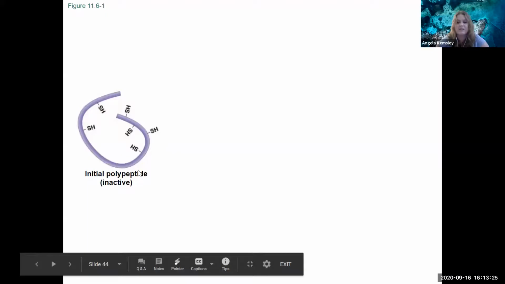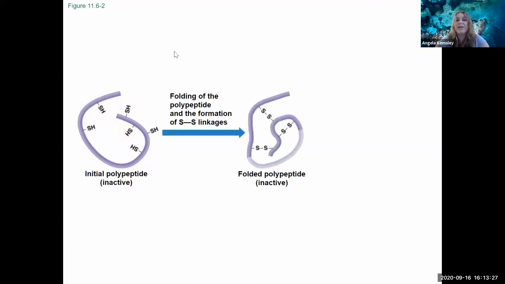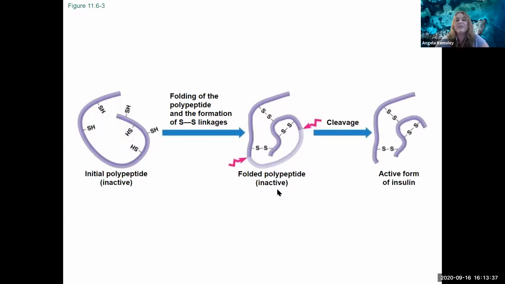It's inactive. We can fold it over, and so these S's are going to link together. It's now all folded, the S's are linked together, it's still inactive. But then sometimes something called cleavage happens where that polypeptide gets split. And when it gets split, that can cause it to activate. In the case of this particular polypeptide, it creates an active form of insulin.